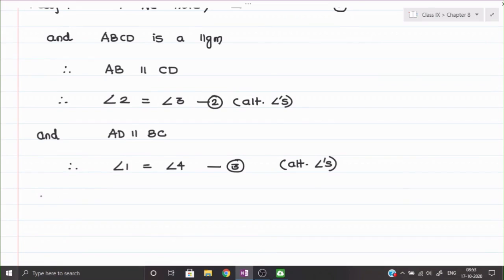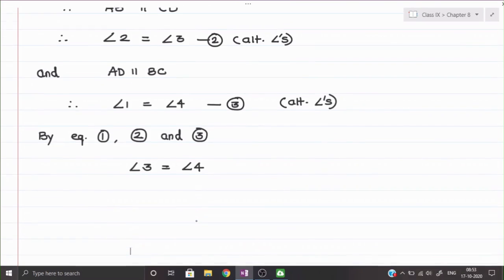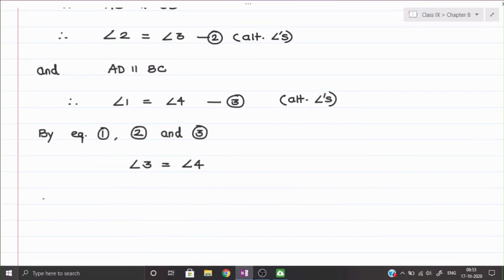So here we can write down by equation first, second and third, we can say angle 3 is equal to angle 4, and angle 3 and angle 4 are equal means we can say that we got the answer of part number 1.